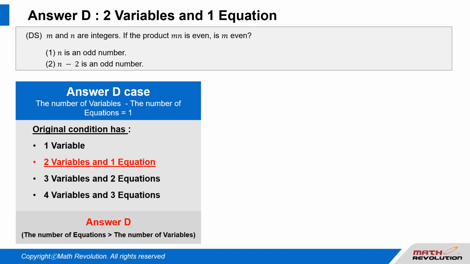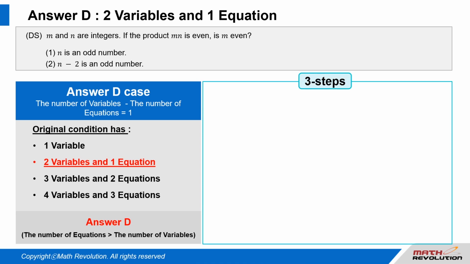The cases in this scenario include when there is one variable, or when there are two variables and one equation, or three variables and two equations, or four variables and three equations. The answer is likely to be D in each of the cases, as both conditions are likely to give one equation each, resulting in one less equation than variables.